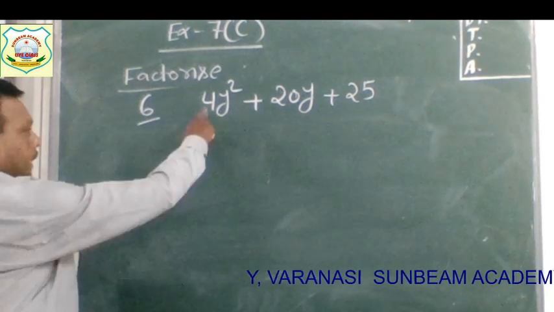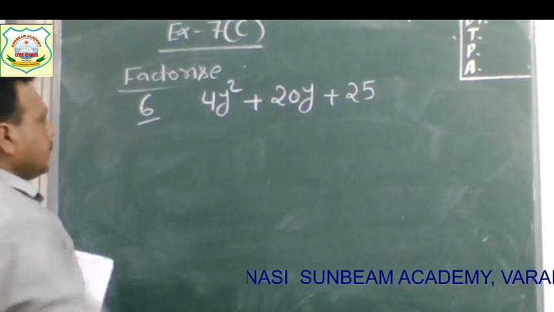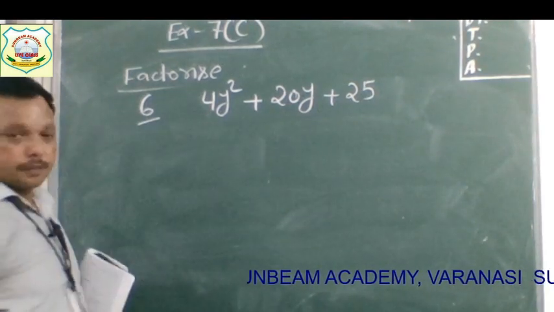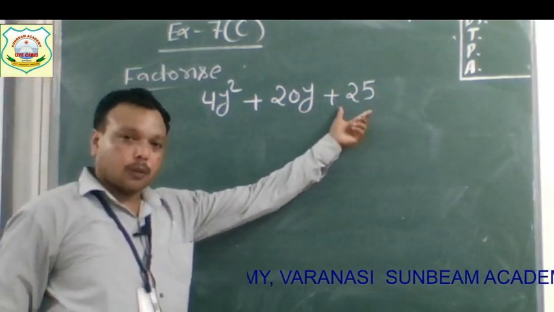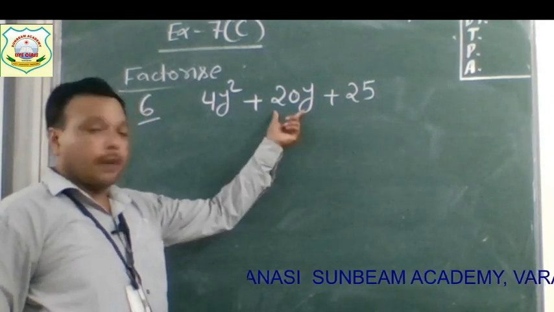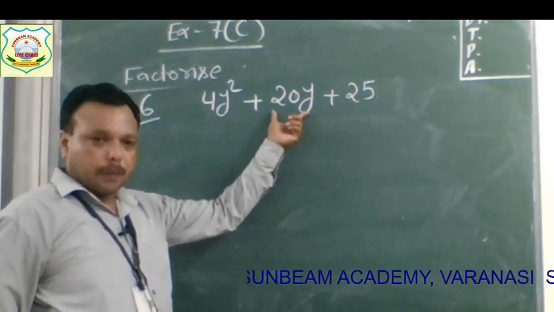Students, 4y square we can see is the square of 2y, clear. 25 is the square of 5, and 20y is a form of 2ab, clear.